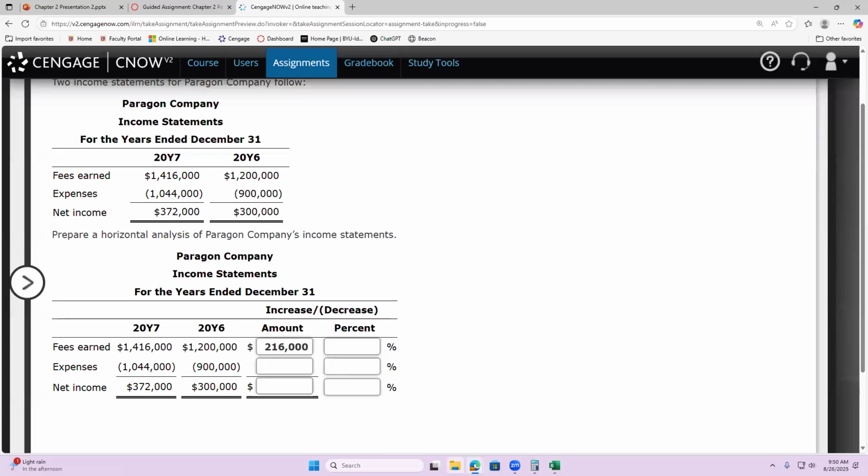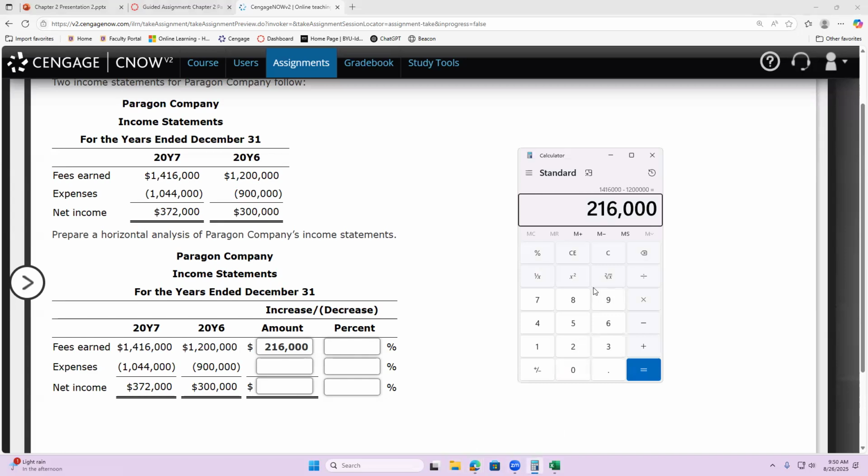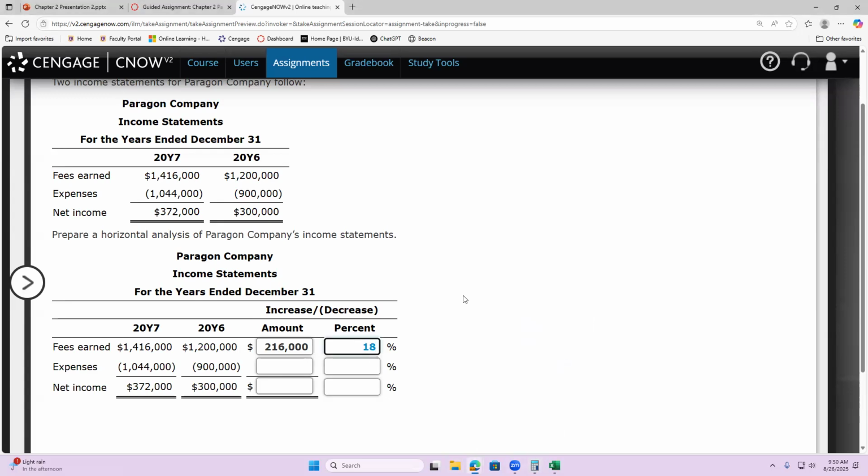And then to find the percent difference, I'm going to take that amount of increase and divide it by the 2016 number. So 216,000 divided by 1,200,000 is 18.18, which is 18%. So we could say our revenue has increased by 18%.